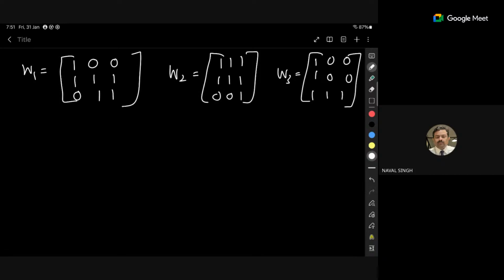So for this W1, whatever these weights are for any neuron in the hidden layer, how many biases do you expect for that hidden layer? Maybe three. W transpose X plus B, so B would be the bias. If B changes across neurons, if it is not the same across neurons, then three different B values, maybe B1, B2, B3. Yes, so three Bs we require.